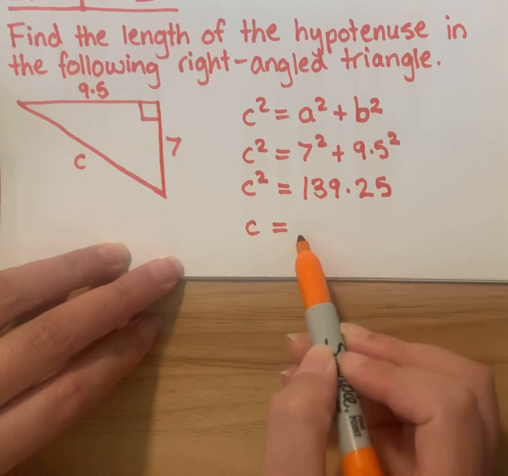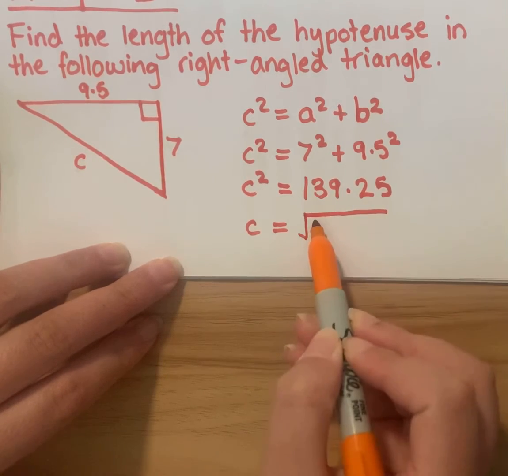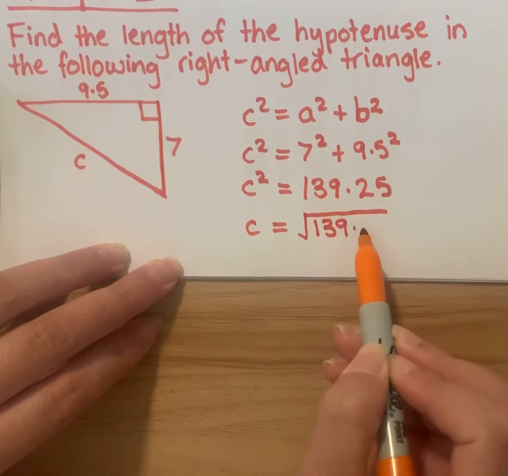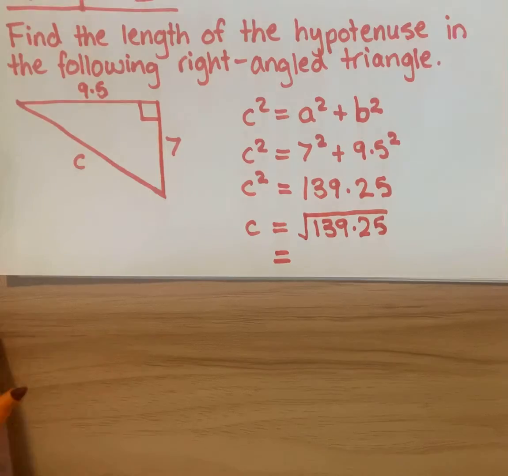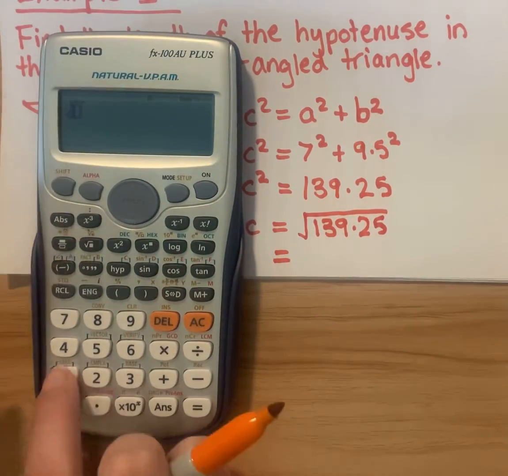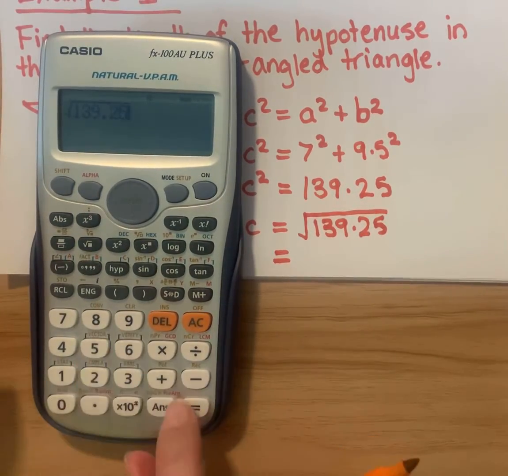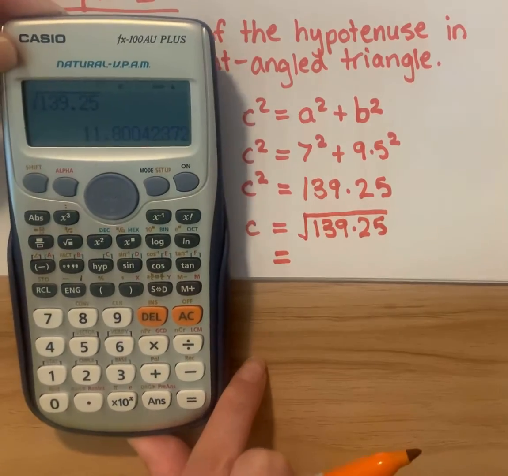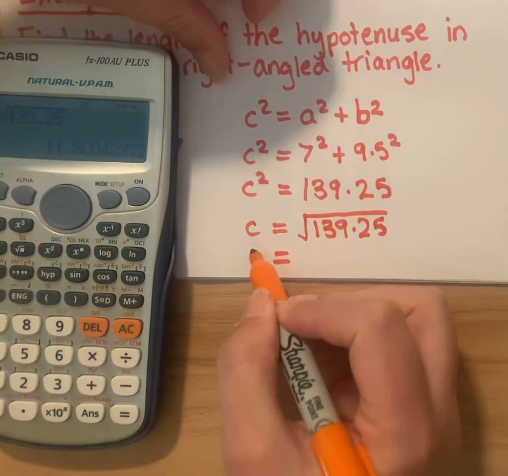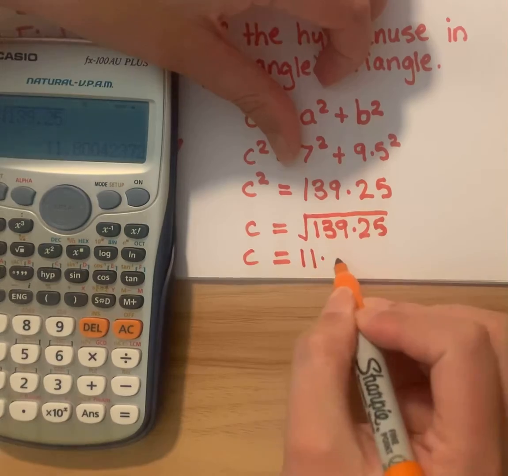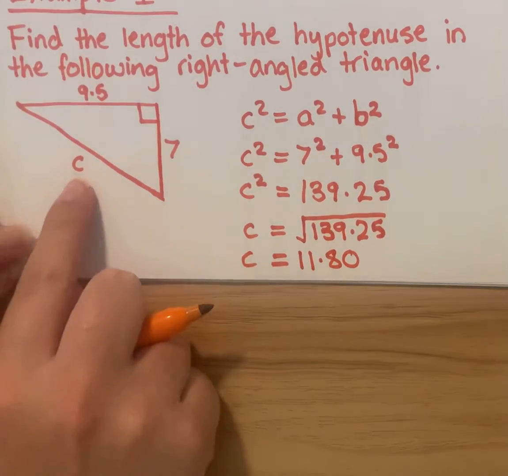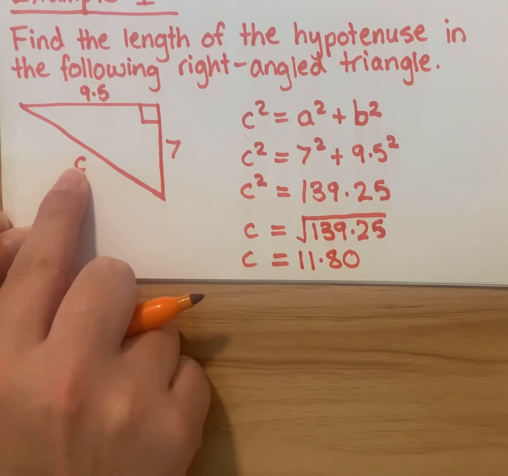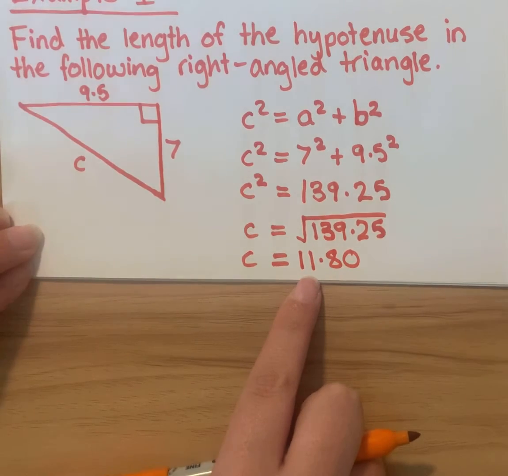So we're just going to find the square root of 139.25. We can do that on our calculator, and we end up with C equal to 11.80 approximately. So C, the length of our hypotenuse, is 11.80.